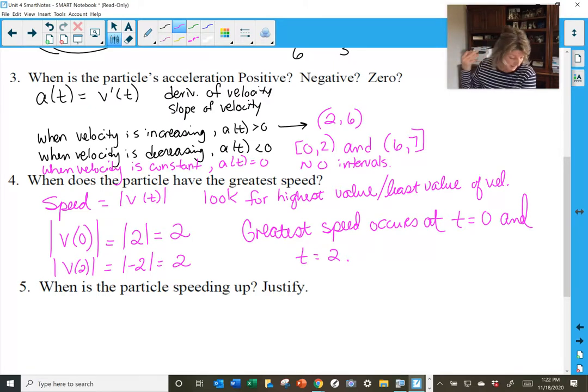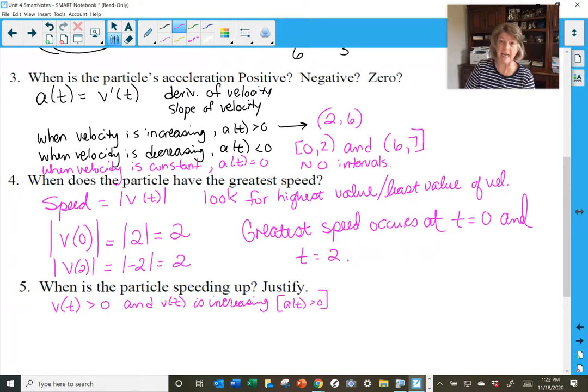Finally, the last one is the tricky one. Oh, there's actually 6, isn't there? Ugh. When is the particle speeding up? V of t is greater than 0 and V of t is increasing, because that means then that A of t is greater than 0.